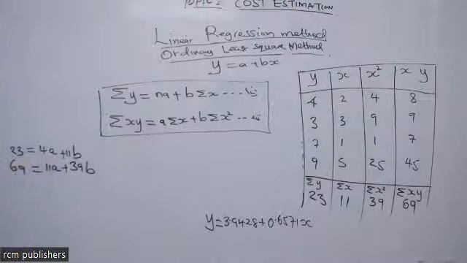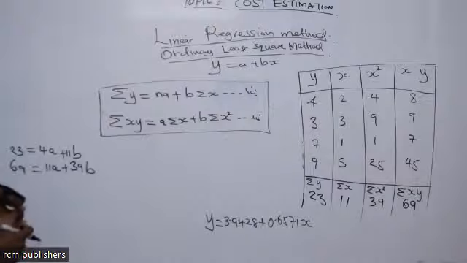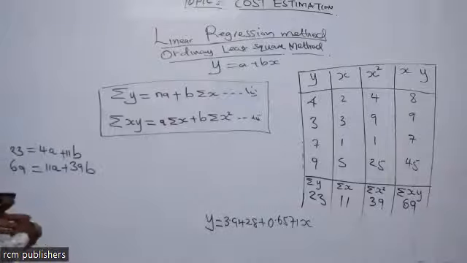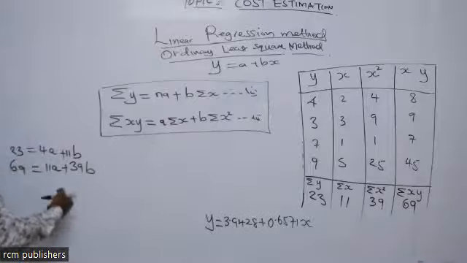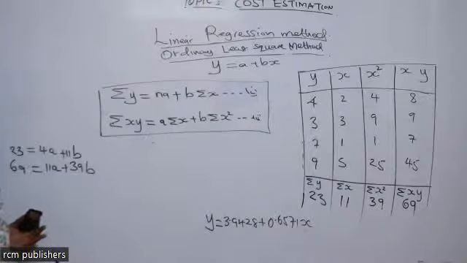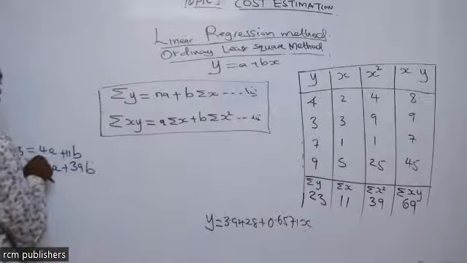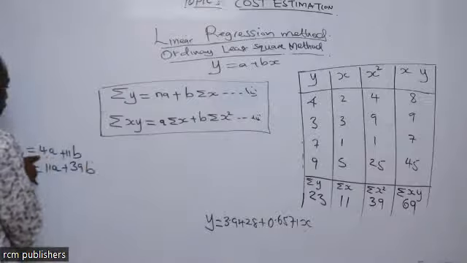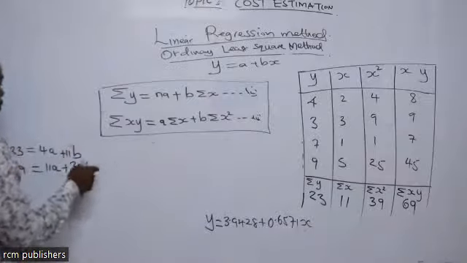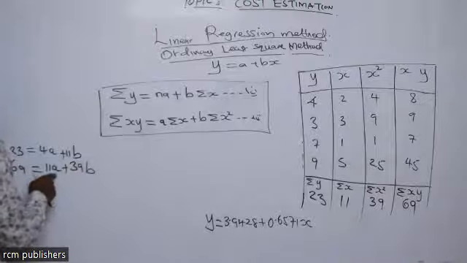We can solve using elimination, matrix, or substitution, or even drawing a graph. Now, very simple. Make one of them to be common or equal. Either I multiply by a number to make the value that I will be getting for A or B equal to the value of A or B down here.